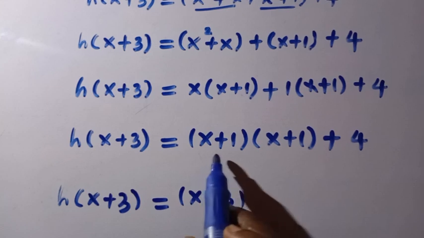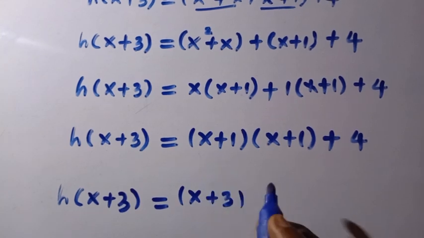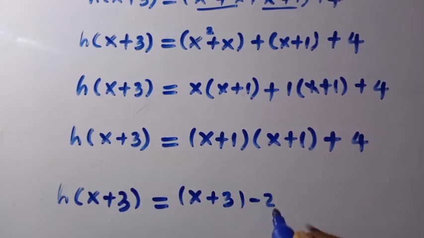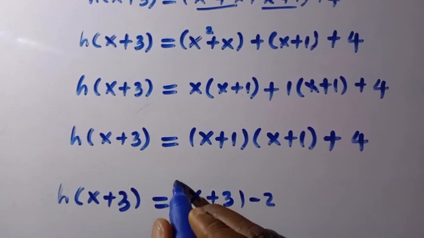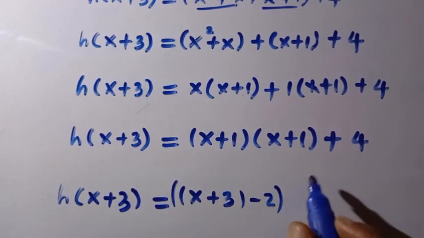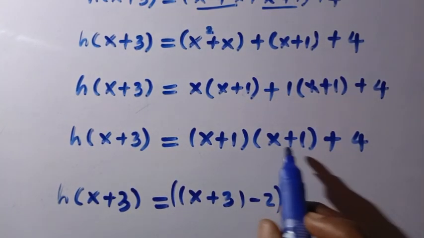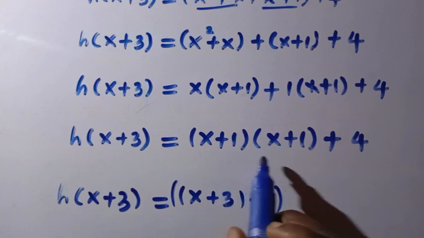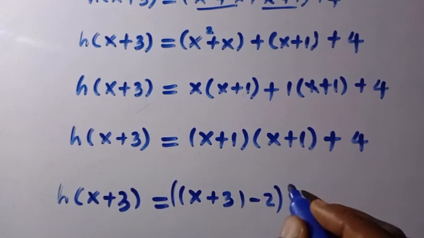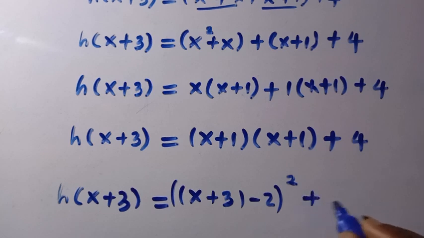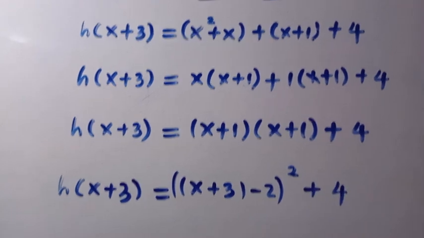The original value here is x plus 1, which means we have to subtract 2 from here, and this gives us x plus 1. Since this is just like twice, instead of writing another one, I'm just going to take this as squared. So here is plus 4.